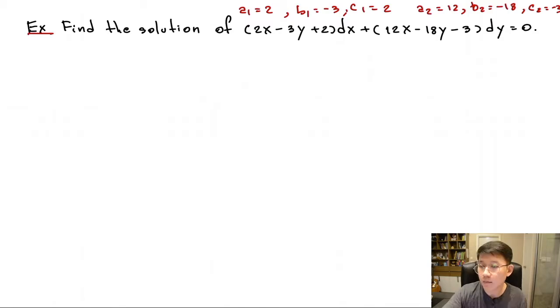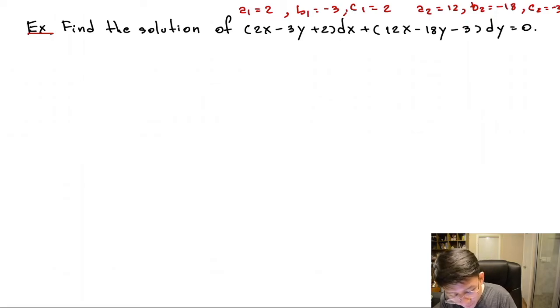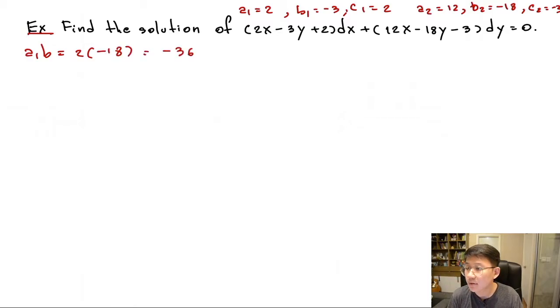Okay. So a1 b2 is 2 times -18, which is -36, right?